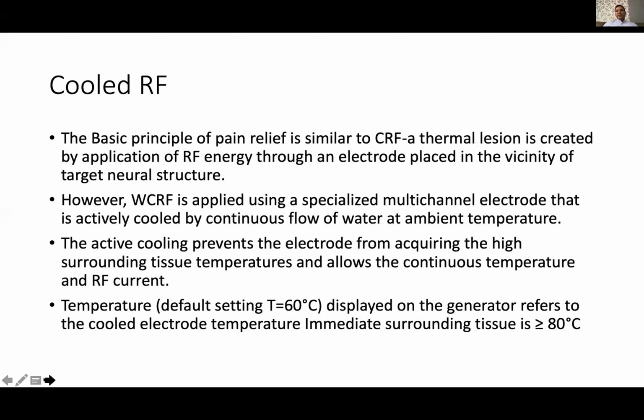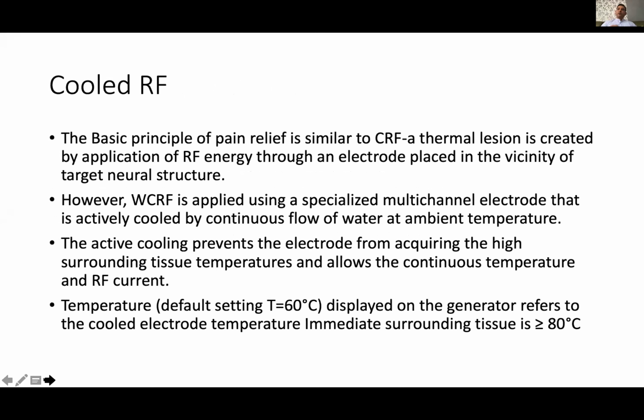What is the different mechanism in the case of cooled RF? The basic principle is the same: a thermal lesion is created by the application of energy at the electrode to target the neural structure. The difference is that it is a water-cooled RF system, applied through a multi-channel electrode.